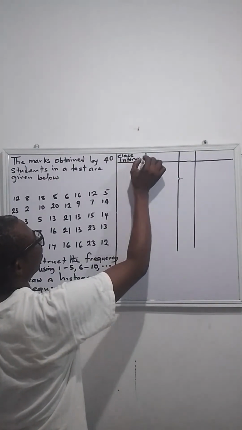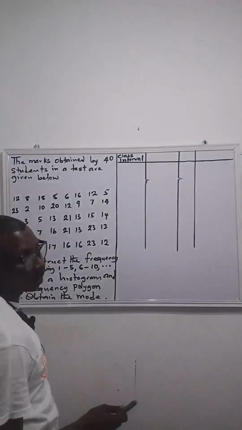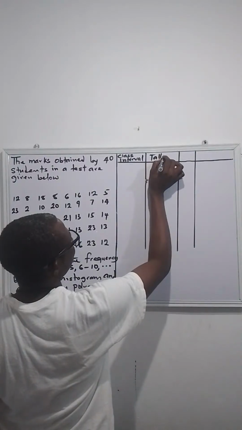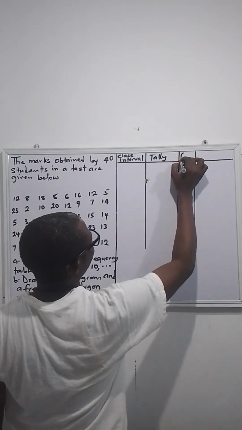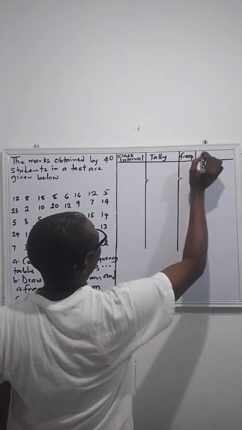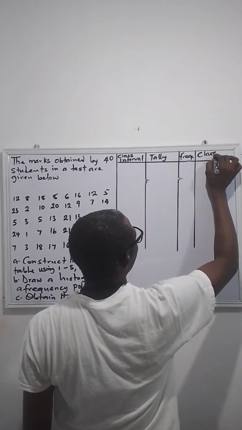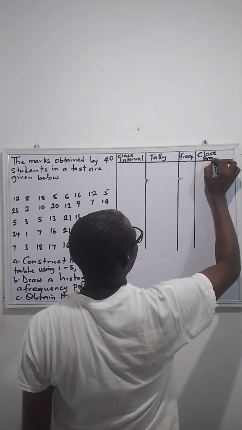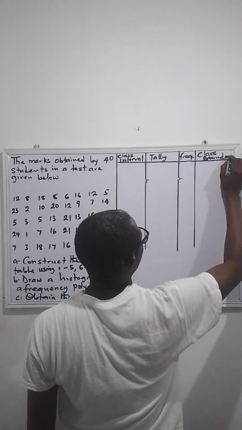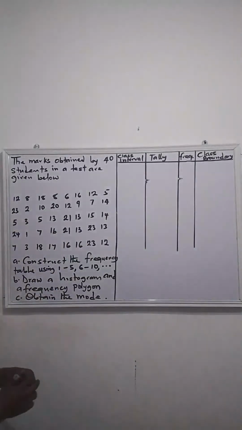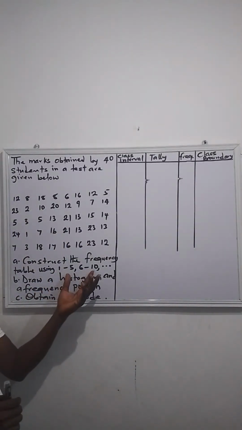The next one is the tally. Then we have the frequency, and here we have the class boundary. Now let's look at the class intervals we have here.